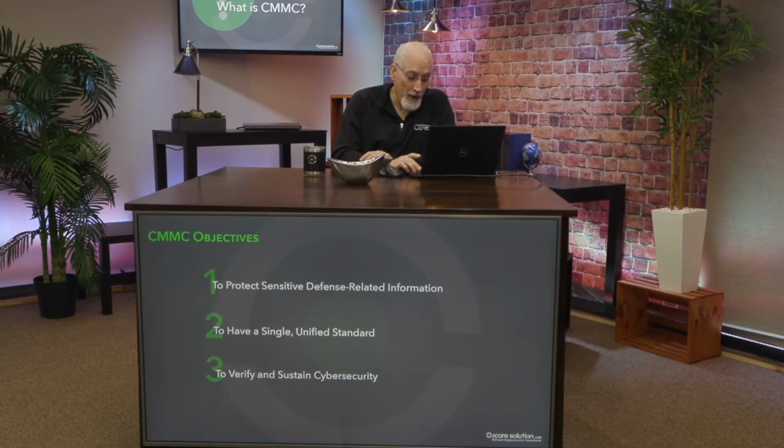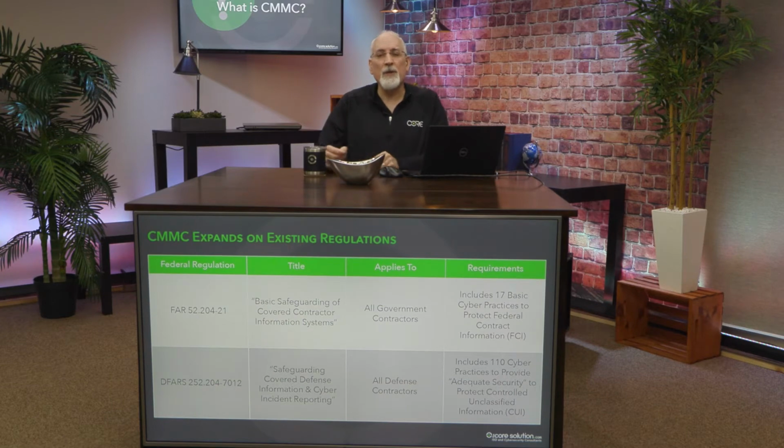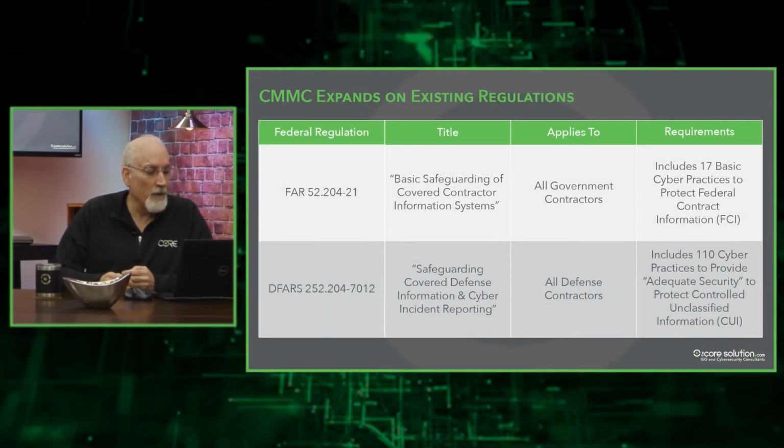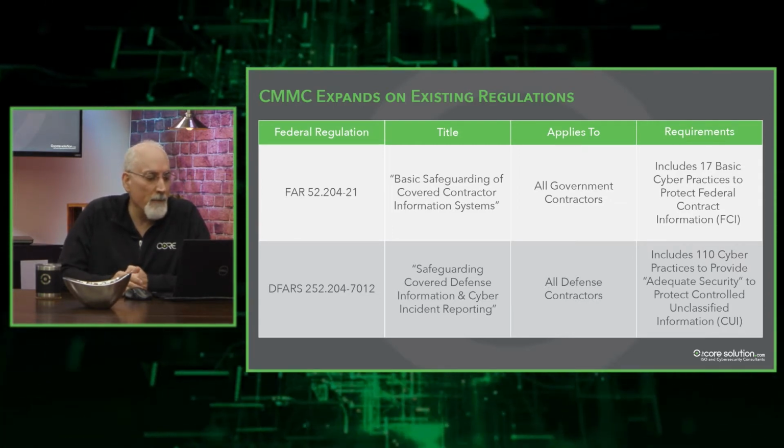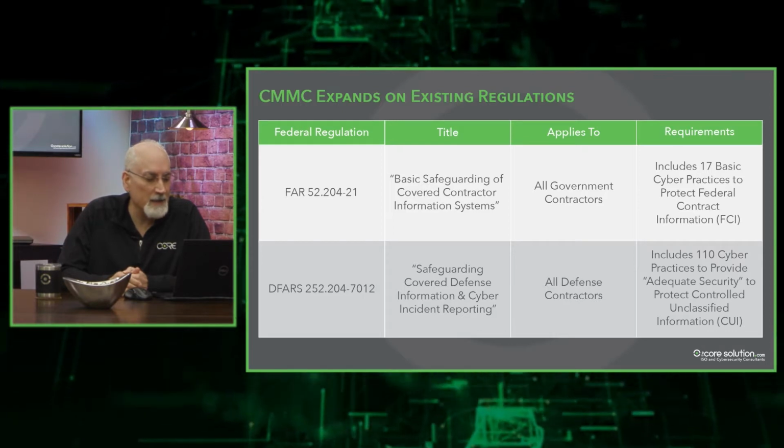Now, these are not new requirements. It's just a new approach to those requirements. The cybersecurity requirements have been part of government contracting for years. That is, one way is in the FAR 52.204-70 or 204-21. That has been in regulation for many years for all government contracts.